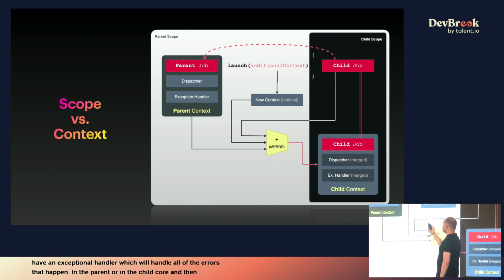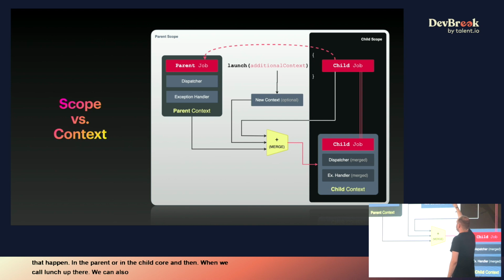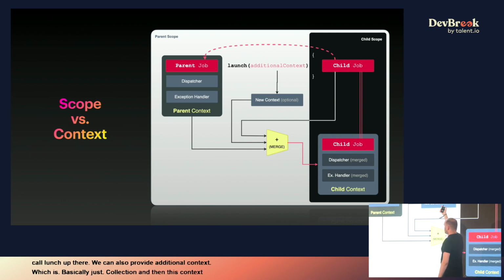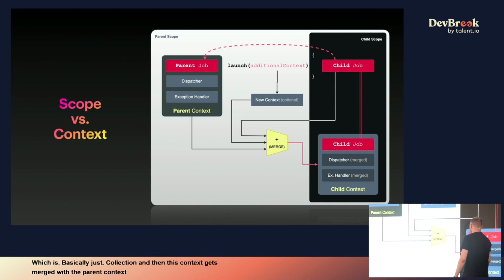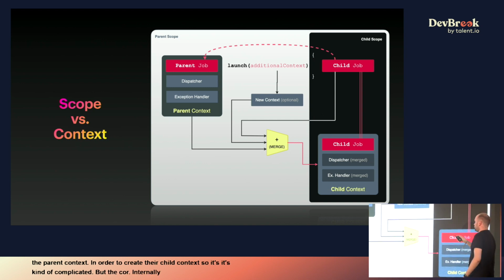And then when we call launch up there, we can also provide additional context, which is basically just a collection. And then this context gets merged with the parent context in order to create the child context.